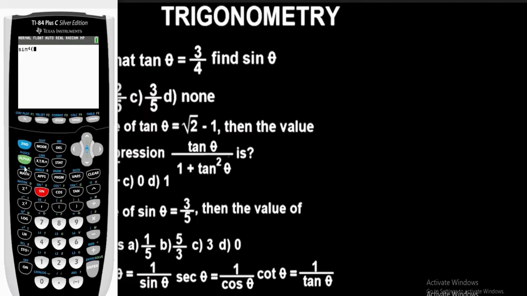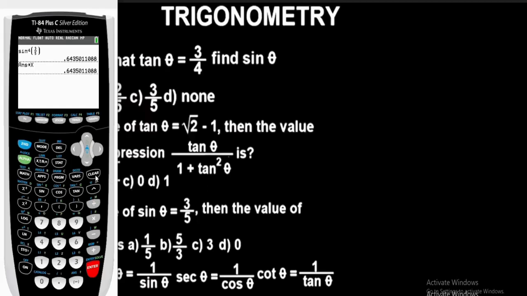So we press alpha and this button for fraction, press 1. So we have 3 over 5. Alright, close the bracket, press enter. So it gives 0.64. Let's store it as x. We press store and x, press enter. Alright, so we have stored this value as 0.64.